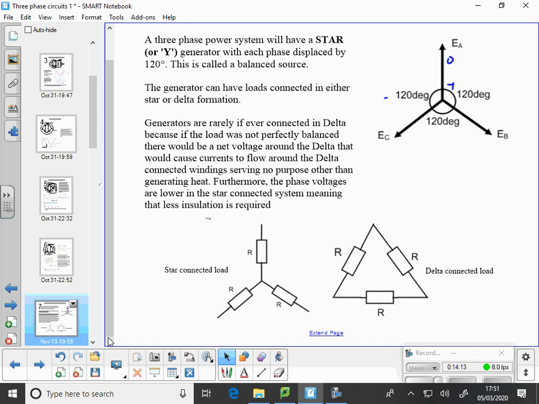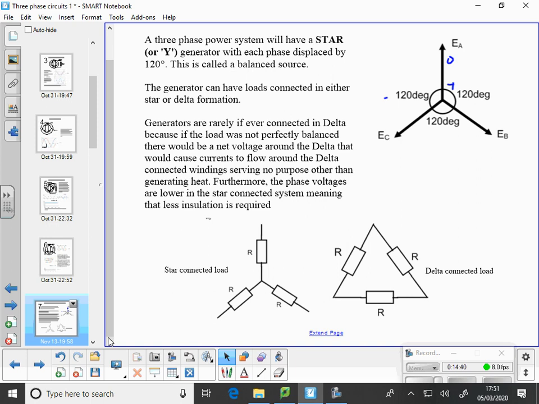Where you have access to them, they're connected in star. You know where you transform down from 11 kV to 415, you're going down from 11 kV delta to 4-wire star. So the main transmission system is 3-wire delta connected.